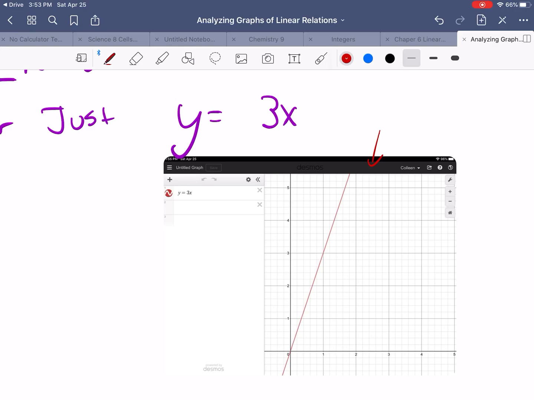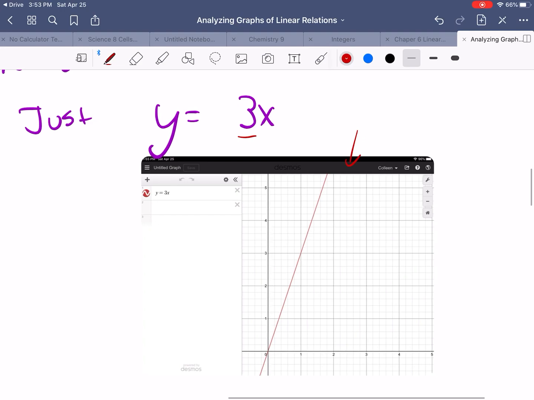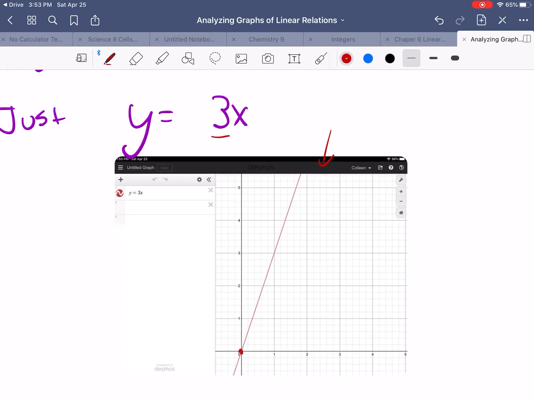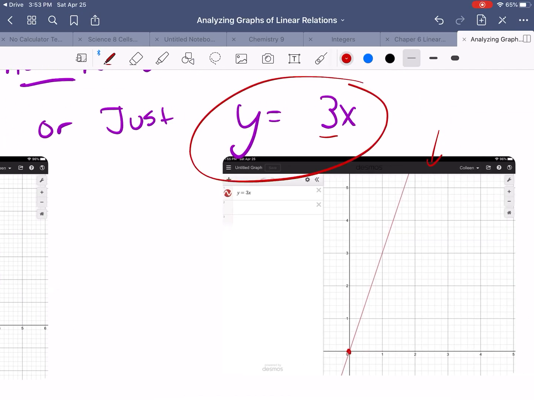It's the same slope as this bike rider up here. It just goes through a different number on the bottom. You'll notice that this one goes through the 4. And in grade 9 and grade 10, we learn about that secret. But right now we're just dealing in y equals 3x. So the line will always go through 0 and it'll be a beautiful straight line.